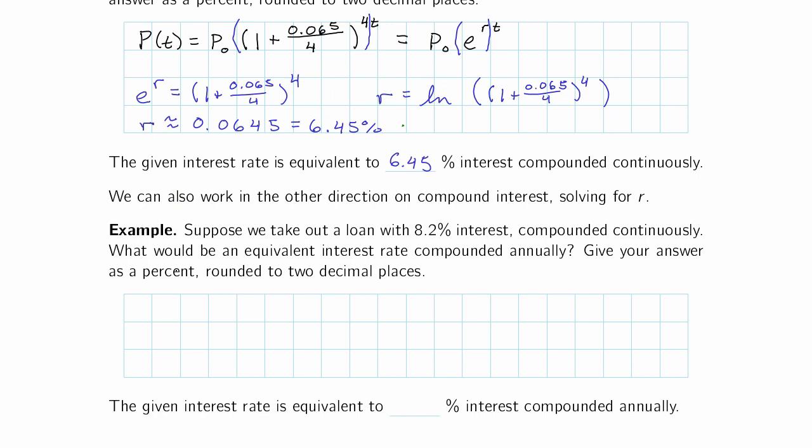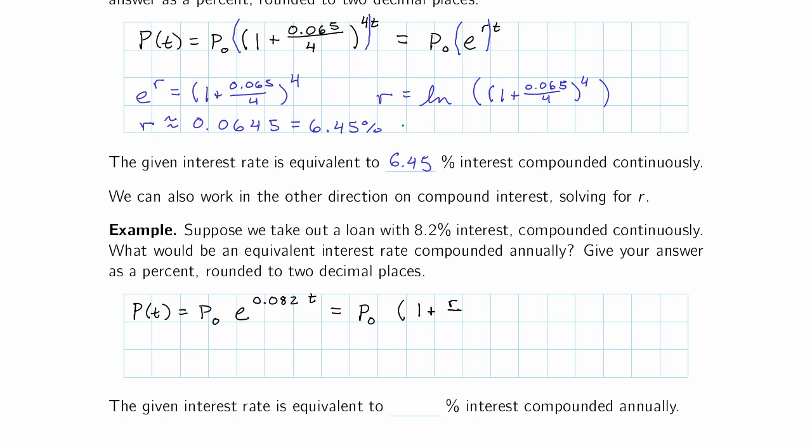Then our principal at time t will be our starting loan times e to the 0.082t.